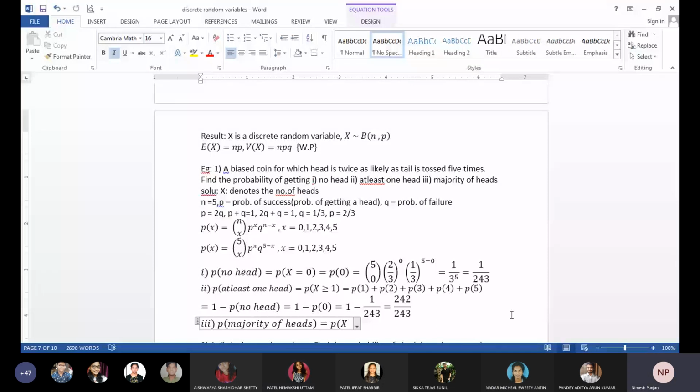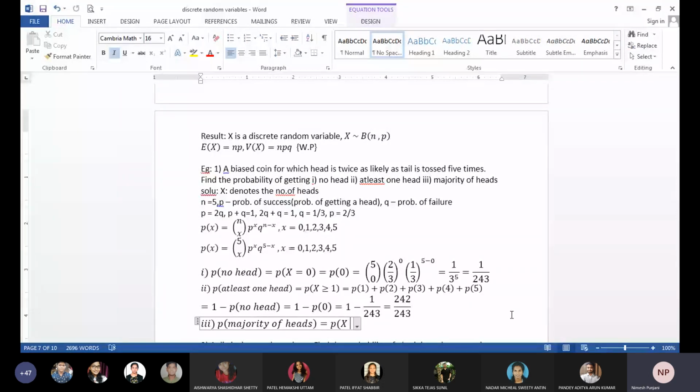Yes, all tails means you will get 5 tails, because we are tossing the coin 5 times. Right? Okay. When x is 1, that means one head. If there is one head, how many tails will there be? 4. Good. Then x is 2. If there are 2 heads, how many tails? 3.